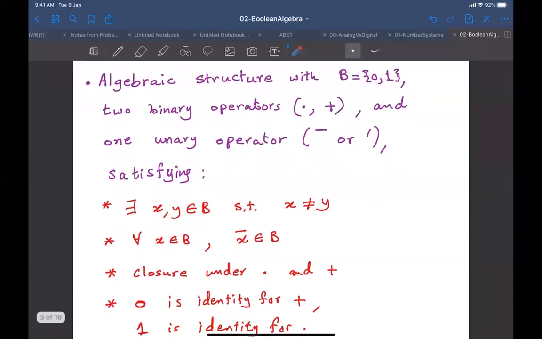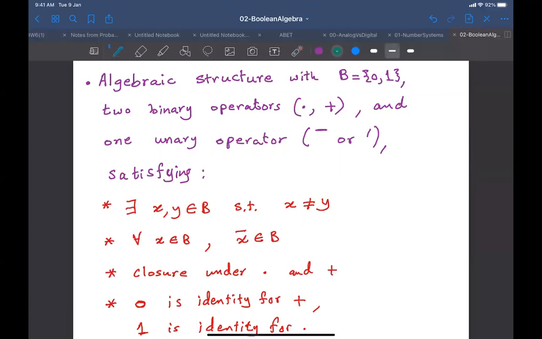And then for all x in B, there exists x complement, which is also in B. So x complement is defined as if x is 1, then x complement is 0, and if x is 0, then x complement is 1. So it always exists and is always in B. Also, we require closure under and, or.